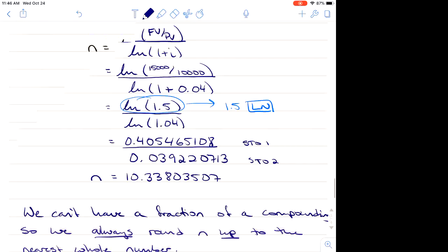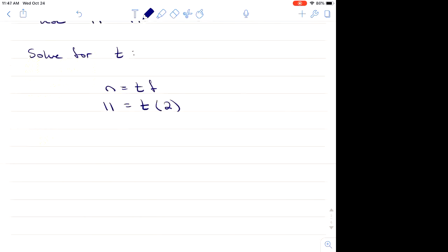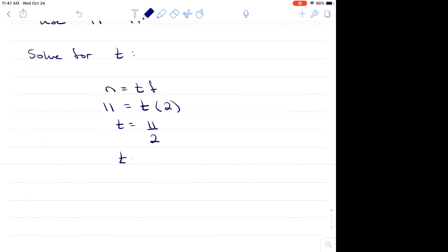Yeah, nice. So then solving for t, we get 11 over 2, 5.5 years.